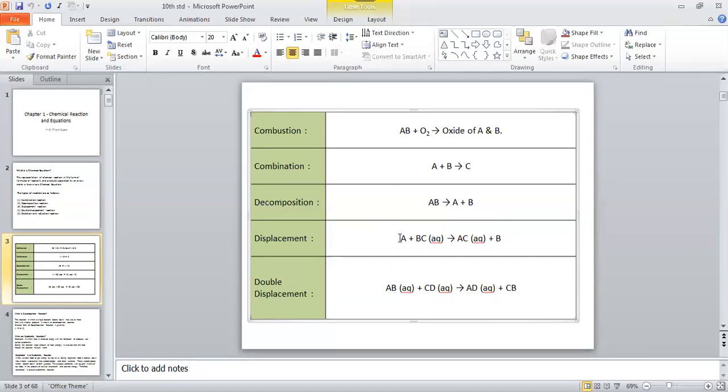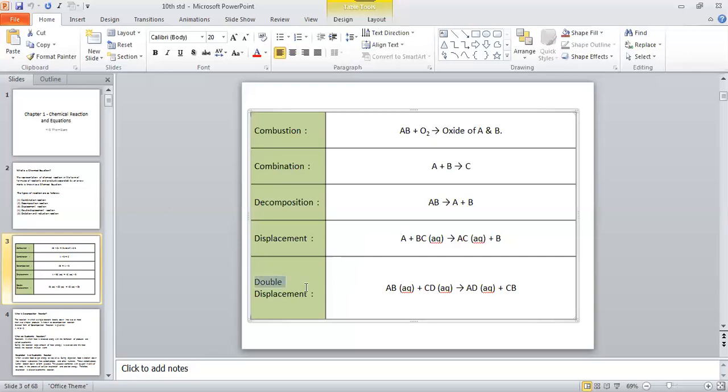Here we will consider an example: A reacts with BC aqueous solution. It gives AC plus B. Here B is displaced by A. So this is a displacement of the B part from this molecule by A, and that gives AC plus B. This type of reaction is called a displacement reaction.